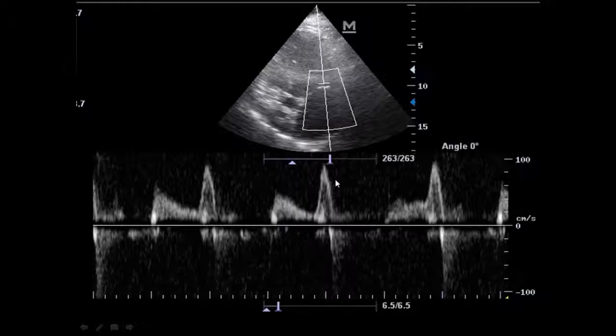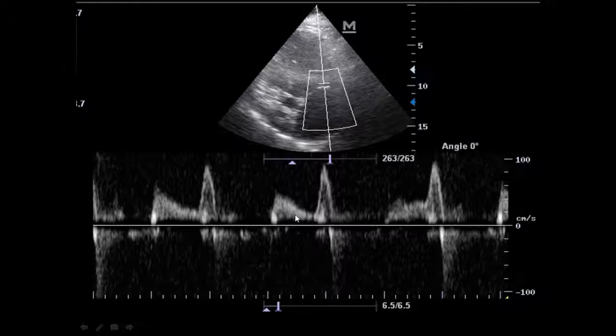The E wave is shorter than the A wave. That means it's grade 1 diastolic dysfunction, impaired relaxation. That means our patient is not in pulmonary congestion, and the left atrial pressure is not high, because it's only grade 1 diastolic dysfunction, which is early, delayed, impaired relaxation.